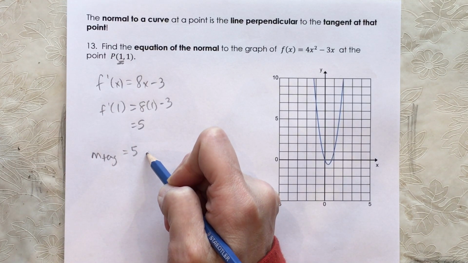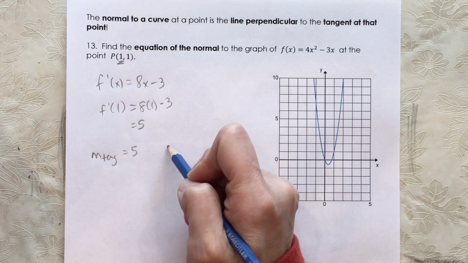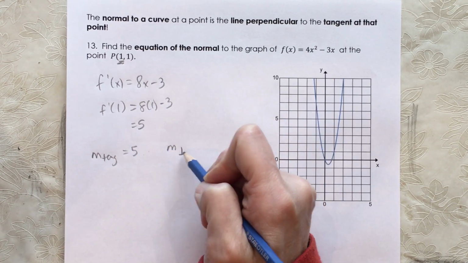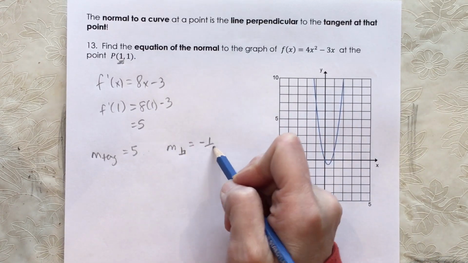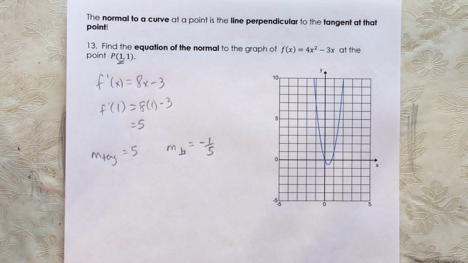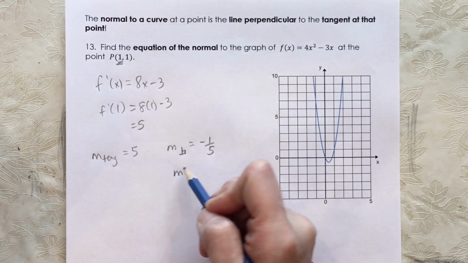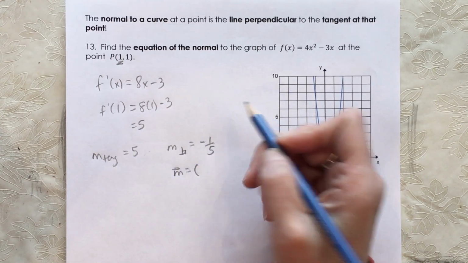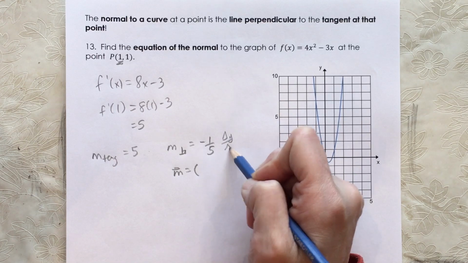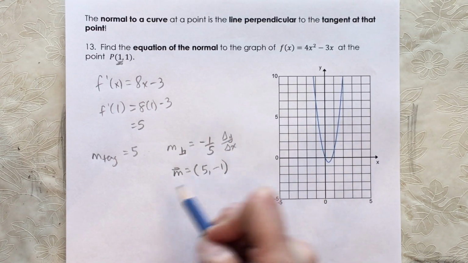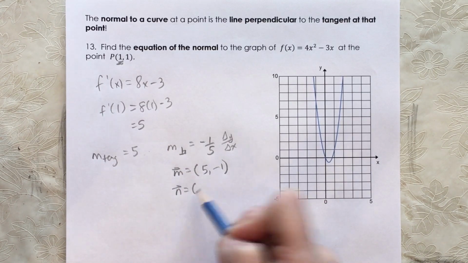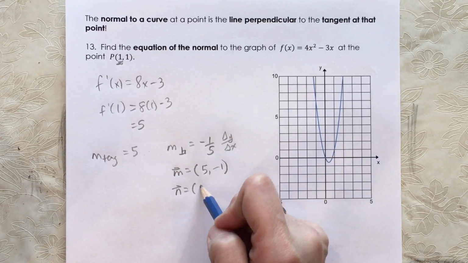So we know that M perpendicular, since the normal is perpendicular, is going to be negative 1/5 using the negative reciprocal. So we know our direction vector for the normal is going to be 5, negative 1, which means the normal to the normal is going to be 1, 5.